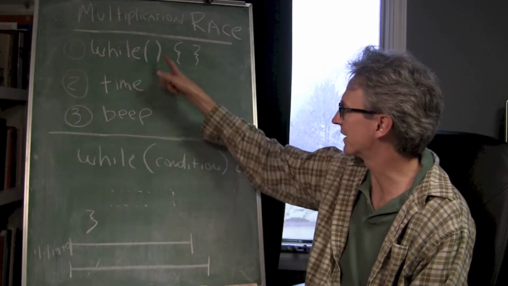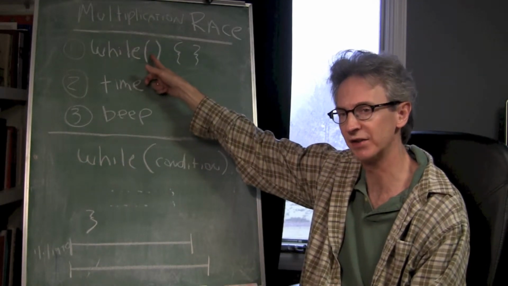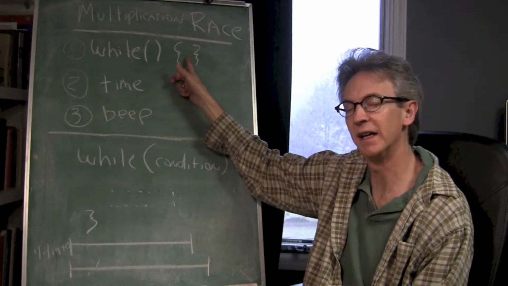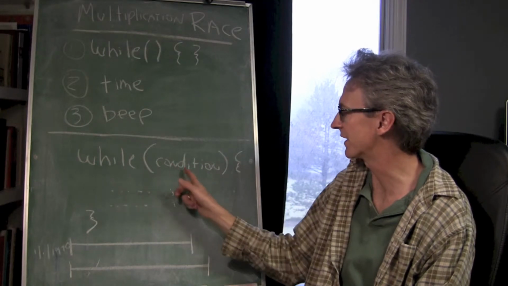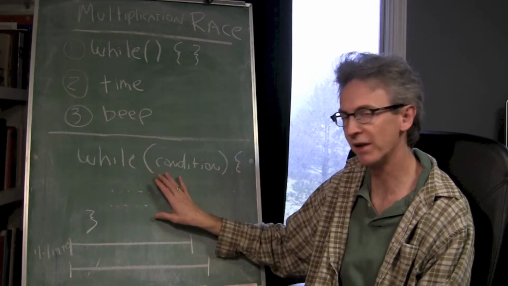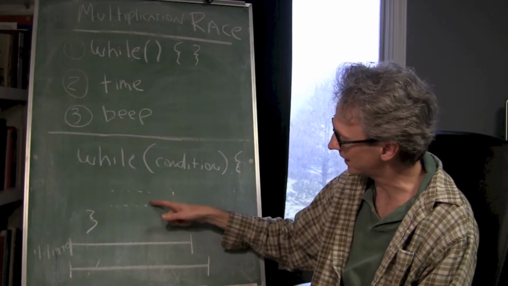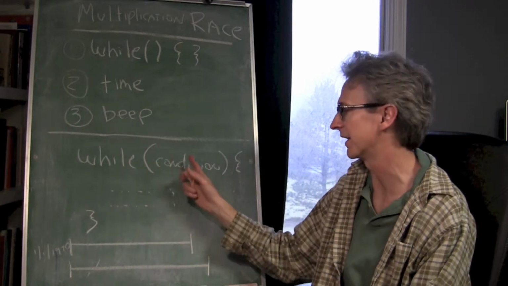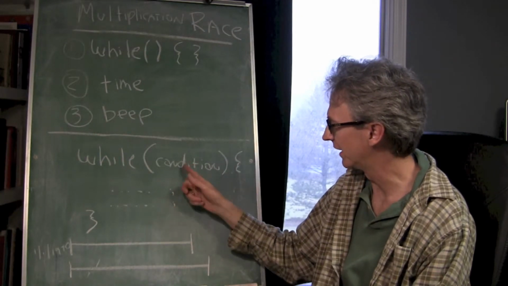The while loop has this structure. There's a condition, a continuation condition, and then a block of code. This condition basically says, while this condition is true, run this block of code. It'll test the condition, run each of the statements in the code, and then at the end, test the condition again, and if it's still true, run the statements again, and keep going.